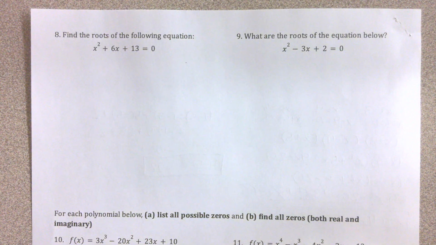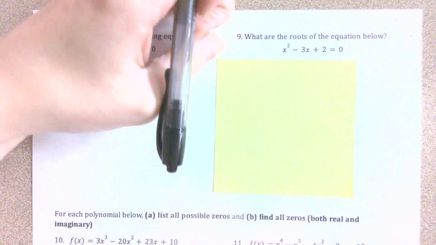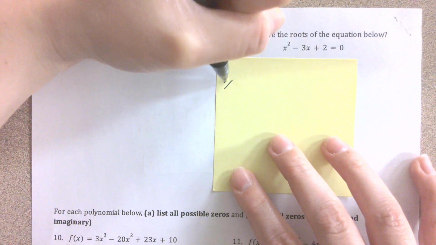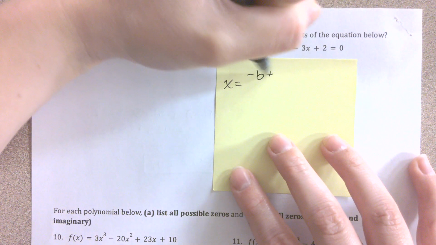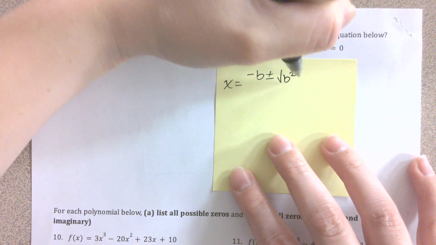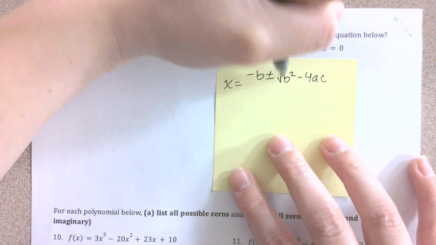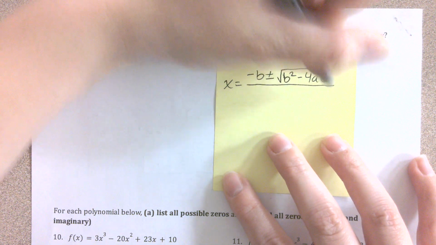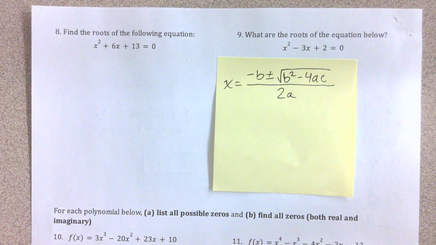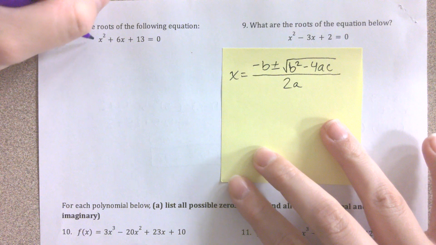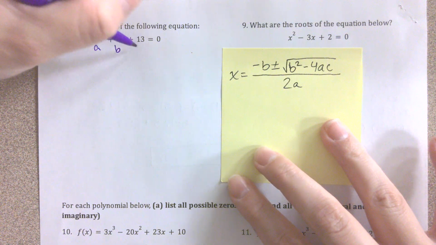which is not on the front of this here. I'm going to write down the quadratic formula for us to reference. x equals negative b plus or minus the square root of b squared minus 4ac, all over 2a. So we have a, b, c. a is 1, b is 6, c is 13.